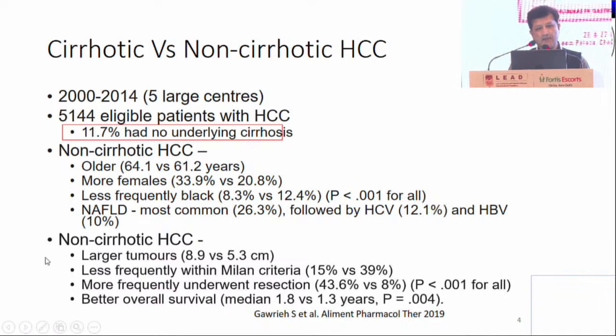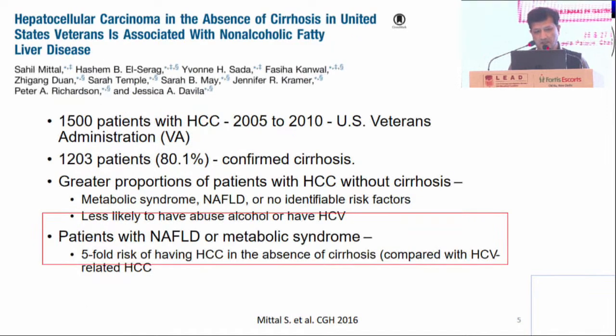So when they come in, they are subjected more frequently to resection. Even if they come with multiple or large tumors, their survival may be better than HCC in a cirrhotic background.